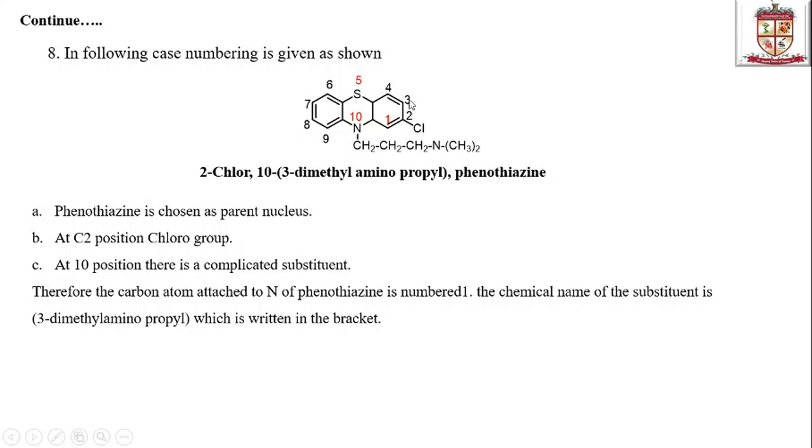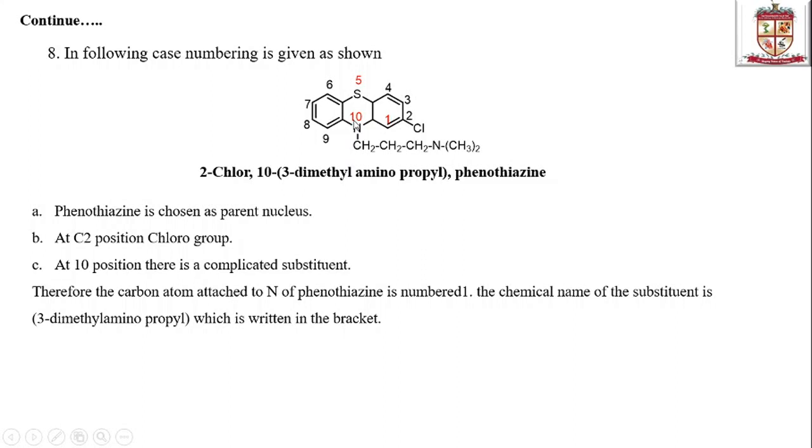Phenothiazine is a tricyclic compound which carries two heteroatoms, sulfur and nitrogen, at position numbers 5 and 10 respectively. Sulfur carries the lowest possible number, that is 5, and the last number carries the nitrogen, that is 10. Both are situated at the fixed positions 5 and 10.